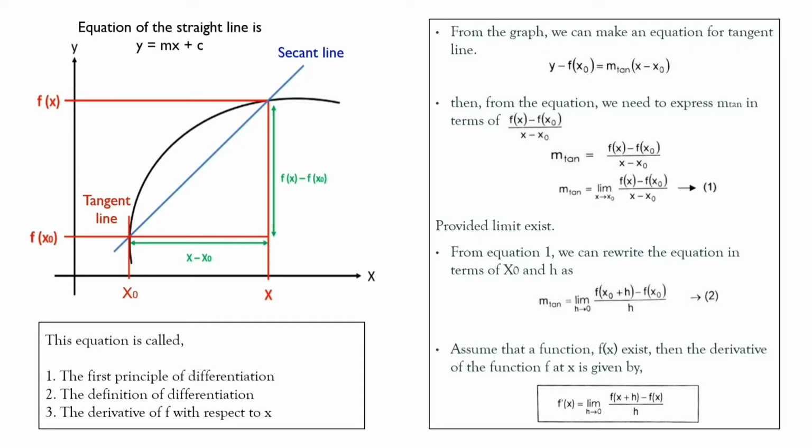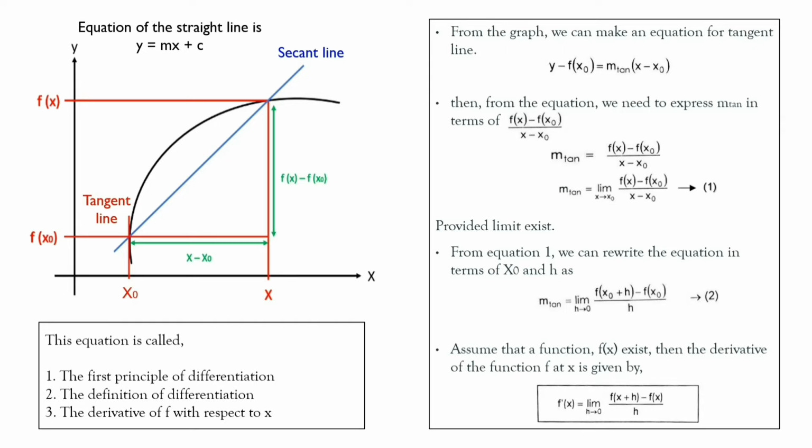So, based on this equation and the graph, we can make an equation for the tangent line: y minus f(x naught) equals m tangent times (x minus x naught). Then, from this equation, we need to express m tangent in terms of f(x) minus f(x naught) divided by x minus x naught.